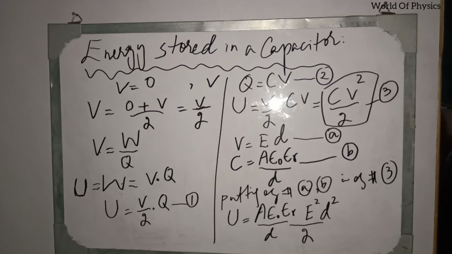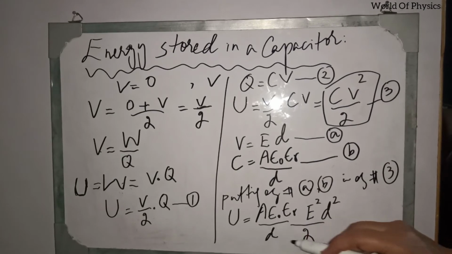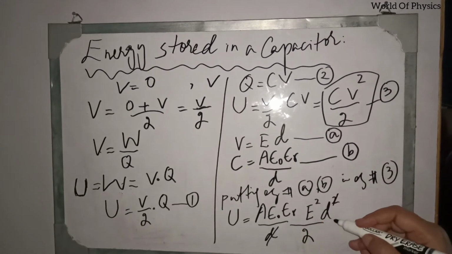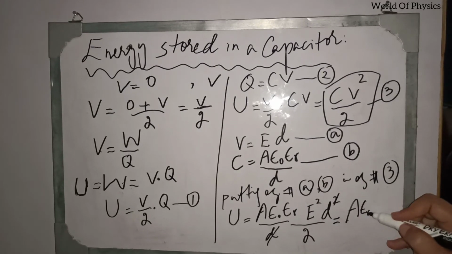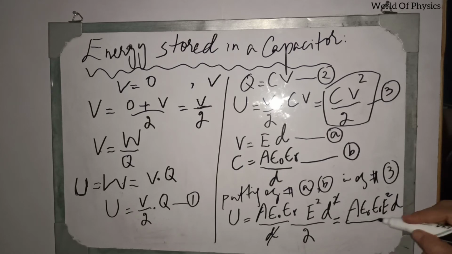So equation number 3 has now become A epsilon naught epsilon r E square D square over D over 2. So this D may be cancelled by this square. Now the new value is A epsilon naught epsilon r into E square into D divided by 2. This is the new value.